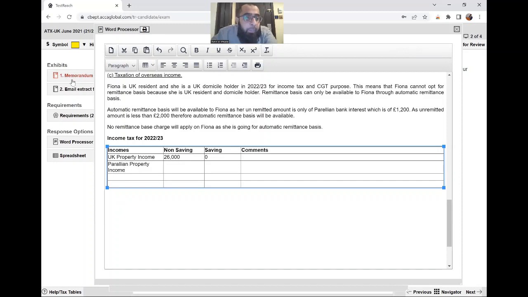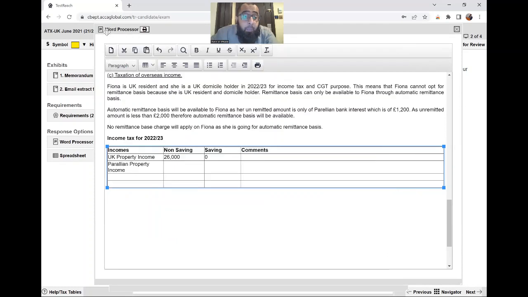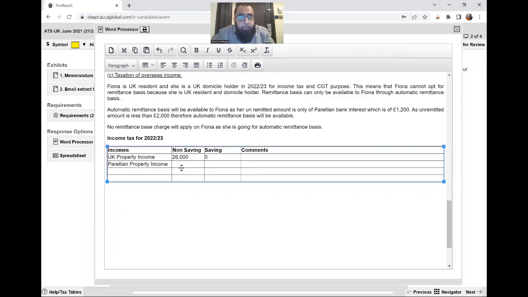Now, what is the amount of parallel property income? The parallel property income amount is 31,000 and whole of the amount will be remitted. Parallel property income, the amount is 31,000. Just give me a second. Okay. The property income goes in non-saving.